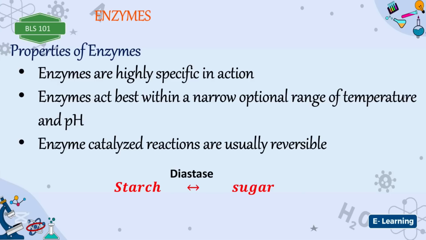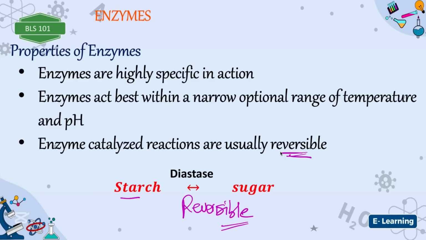Enzyme-catalyzed reactions are usually reversible reactions. I have stated something like that before. You can see starch is broken down to sugar, and the enzyme does that. It is a reversible reaction. Emphasis on this, they are usually reversible reactions. In the exam, they might just ask you, which of the following is not a property of enzymes?